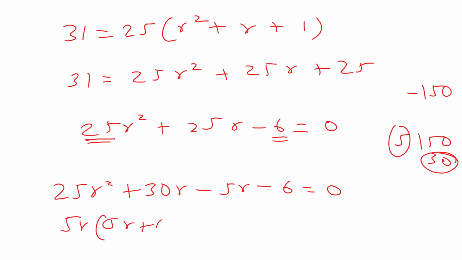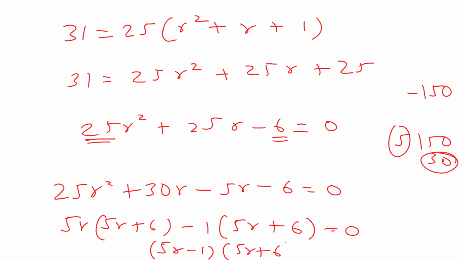Then 5R plus 6 and 5R minus 1 equal to 0. R is equal to 1 by 5, R is equal to minus 6 by 5.